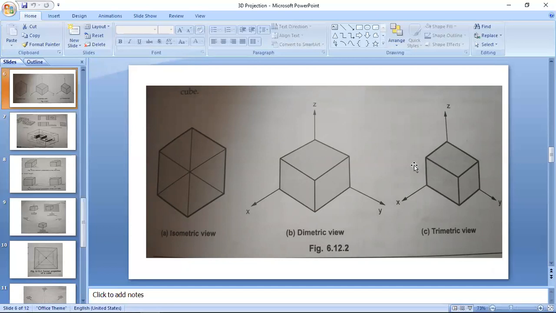And this is basically used to overcome the limitation of a single orthographic projection, which is unable to illustrate the general three-dimensional shape of an object.